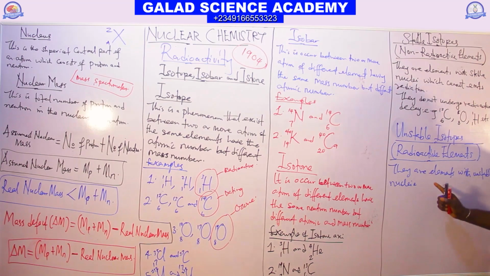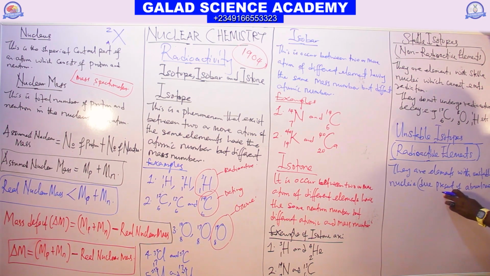What makes the nucleus of this radioactive element unstable? Due to the presence of abnormal neutron, close the bracket.